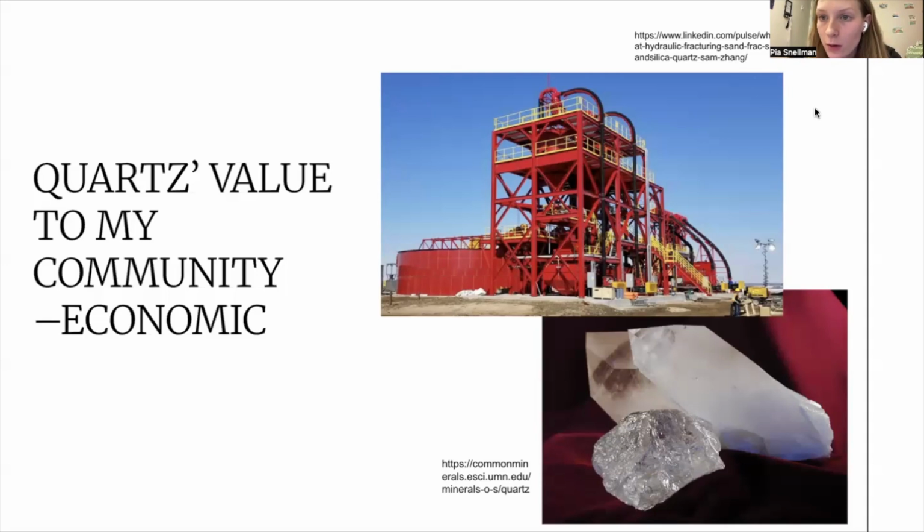The quartz from St. Peter sandstone is also used for making glass, but primarily it's used for fracking because the fracking sands, which are made of quartz, are very uniform, very round, and very pure. And so St. Peter sandstone quartz is often mined for fracking.